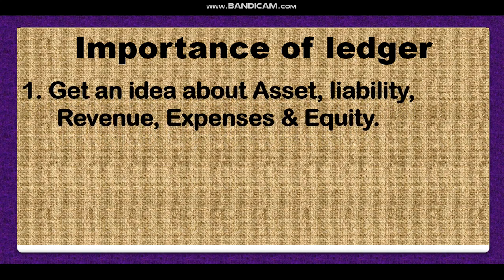The first importance of ledger is to get an idea about assets, liabilities, revenues, expenses and equity. In ledger we write all accounts under separate heads. From ledger we will find what our assets are, like furniture, building, machineries, and what is the balance of that asset. We can find out our liability also, our revenue or income, expenses, and equity also.